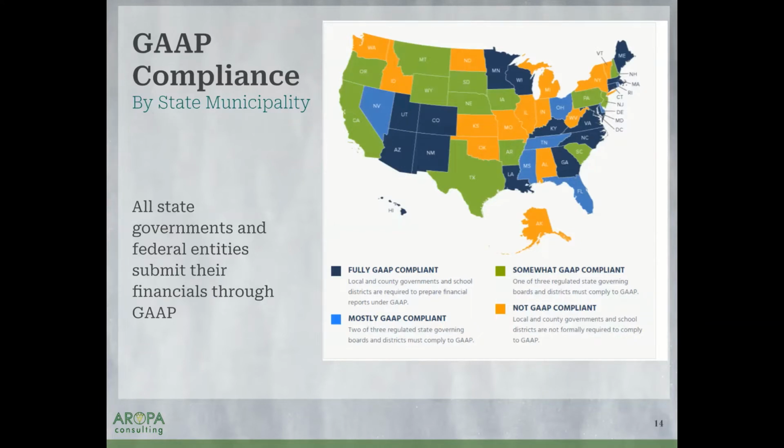Connecticut is a fully GAAP compliant state, so all municipalities and all school districts will use GAAP. But as you can see in this graph, it can be a little bit all over the place. So if you're working with an organization in another state, or especially one that works with a school district or a local municipality, they might not use GAAP.